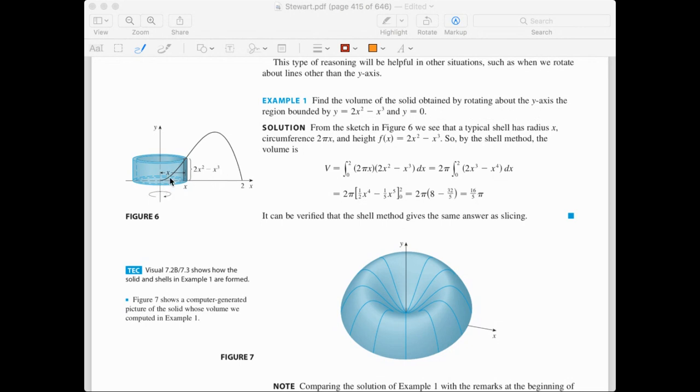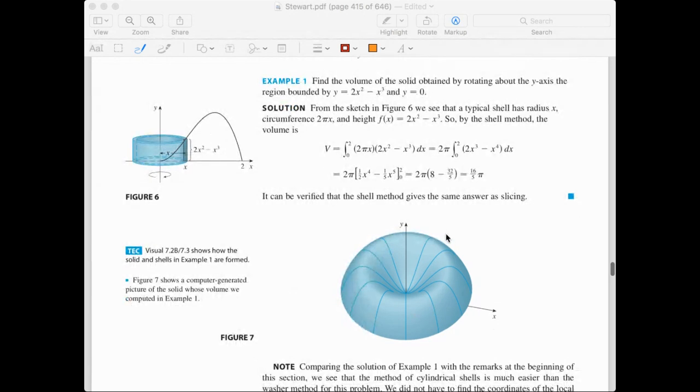And this function we draw, we get this. So we want to rotate this along the y-axis. After rotation, we get this 3D picture. We want to find the volume of this solid, which means not including this hollow. So the middle is hollow.